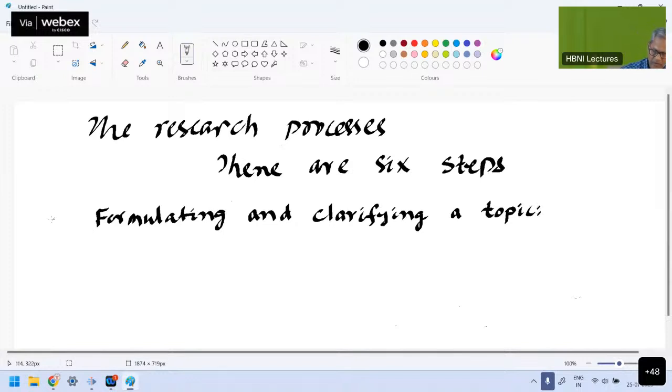This is the first step: formulating and clarifying a research topic. What will be your research topic? It can be basic or it can be applied. Now, you have to make these things very clear for yourself. The clearer your subject, the clearer your objective, the clearer will be the result.